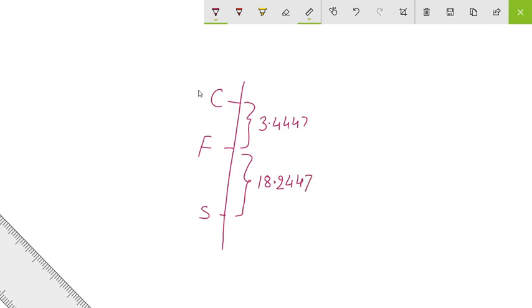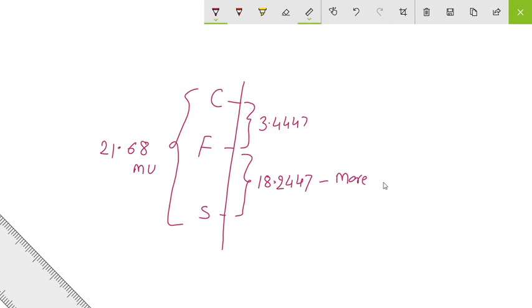And the total distance between C and S is 21.68 Morgan units. So it is a clear conclusion that the number of progenies due to the single crossover and double crossover between C and F were less, and therefore the distance between C and F is less, while the recombinants due to F and S are more in number, and therefore the distance between F and S is more.